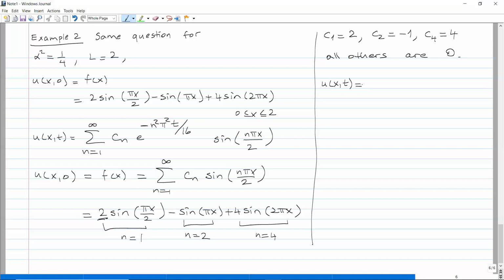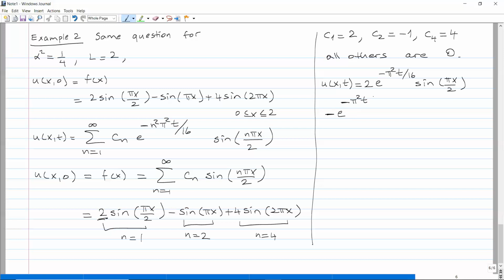has only 3 terms. For n equals 1, C1 is equal to 2. So if I take n equals 1, 2 e to the minus pi squared t over 16 sine pi x over 2. And for n equals 2, this constant C2 is minus 1. So this is n equals 2. E to the minus 2 squared is 4, so that 4 cancels with the 16.